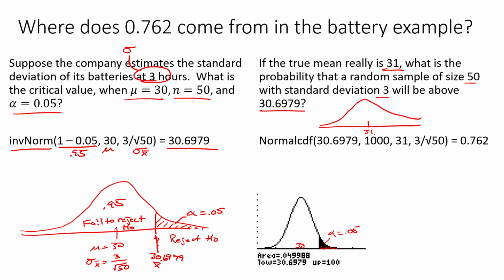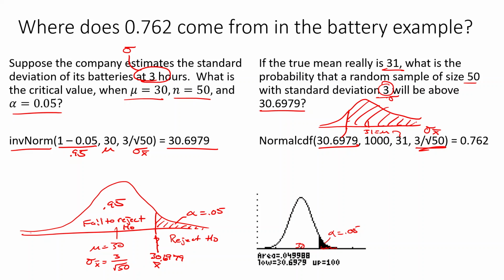This is my mean, 31. This right here is the standard deviation of that new distribution, because the sample size is 50 and the population standard deviation was 3, so that was my sigma. We want to know the probability of being above this number, so we just go from that number on up.